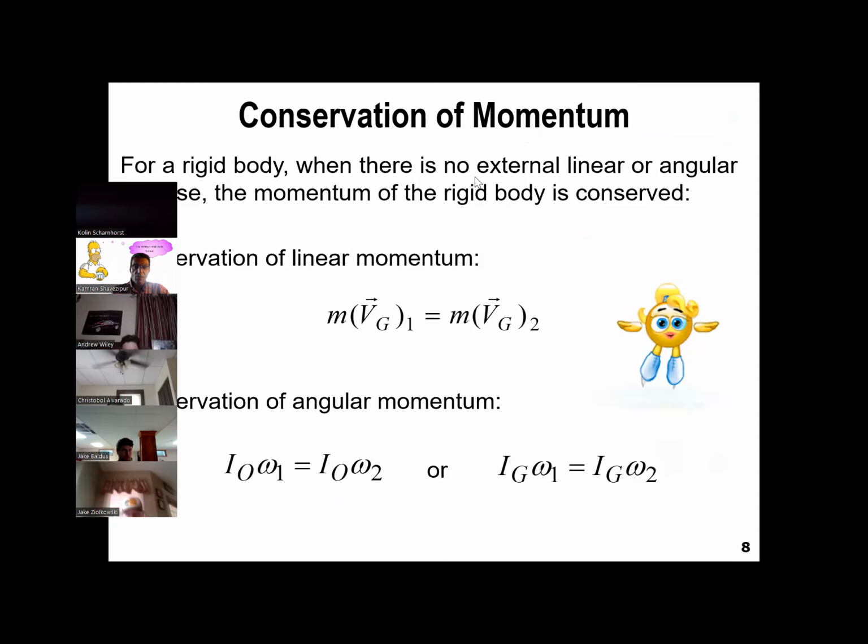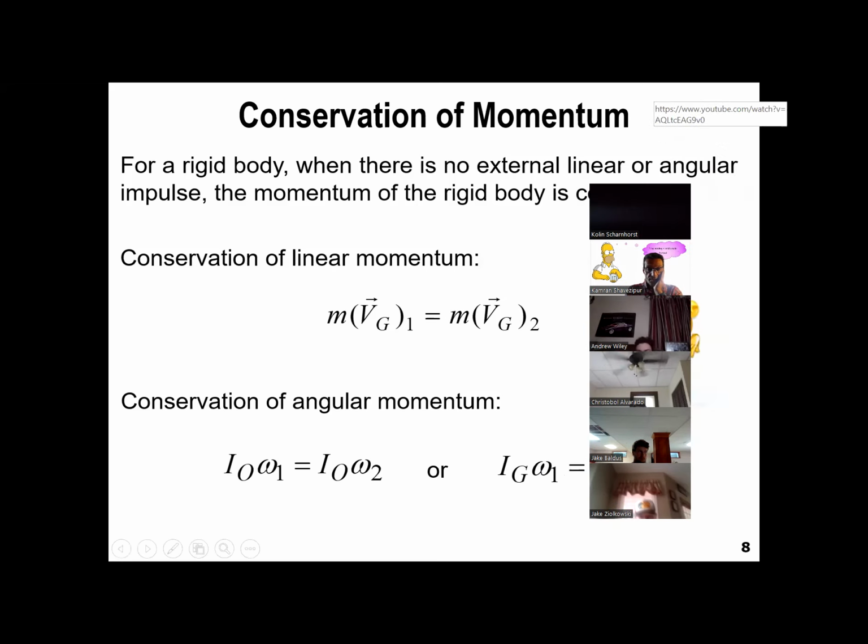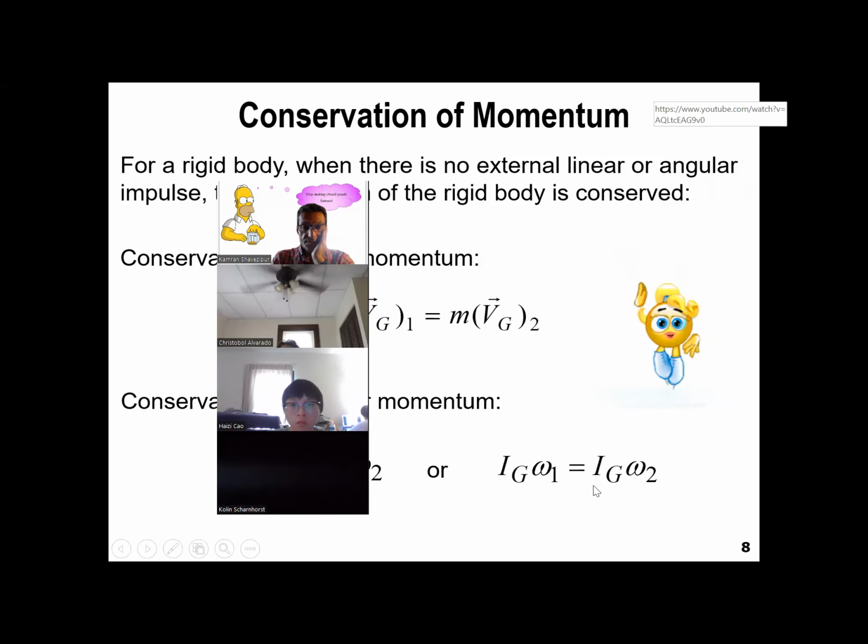But for angular motion, it is different. For angular motion, you can change I by moving the parts of the rigid body in and out of the system. So if I becomes bigger, omega becomes smaller. Or if I becomes smaller, omega has to become bigger. So the overall thing is going to be the same. Make sense?